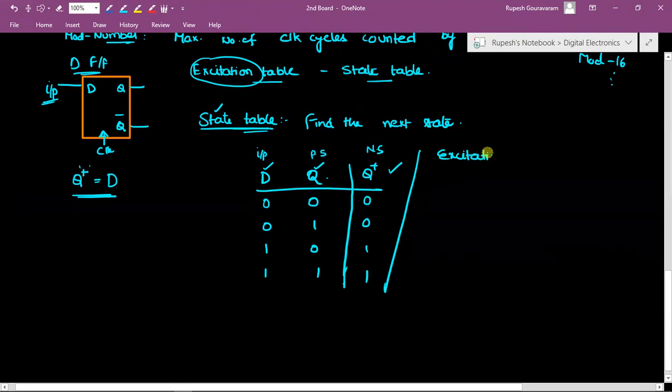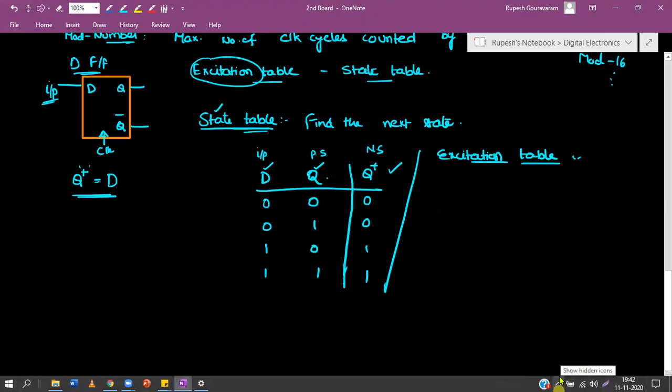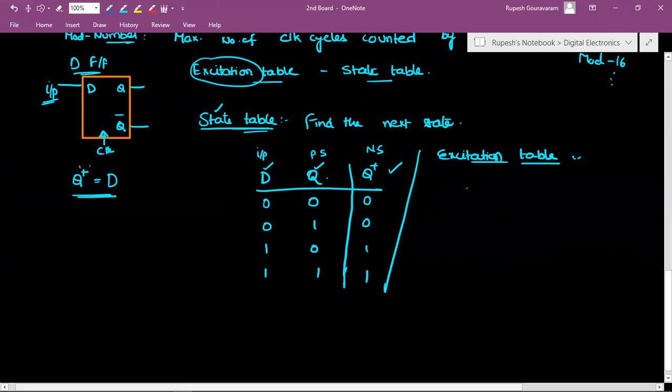Excitation table. So it gives what? Presently the state table gives the next state based on the input.